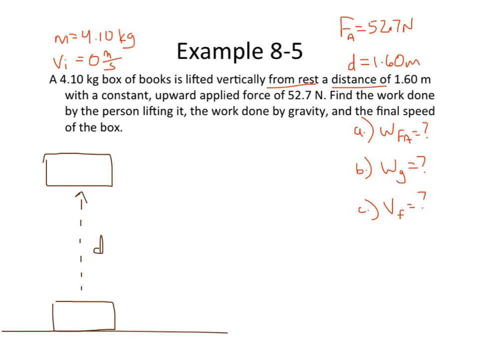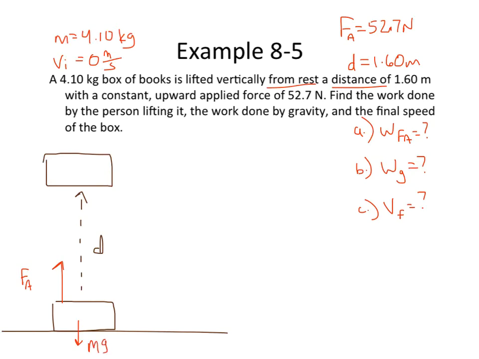Actually, before we do, real quick, I should probably label these on the diagram. The applied force F A, that's upwards, that's 52.7 newtons. But there's not just an applied force upwards. There's also a downward force of weight caused by gravity, so mg right there.